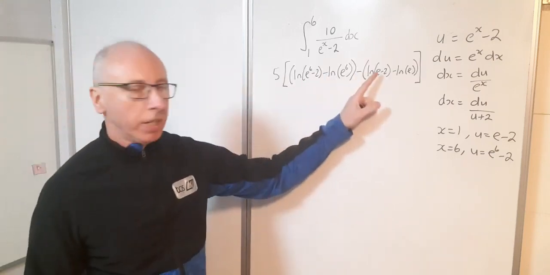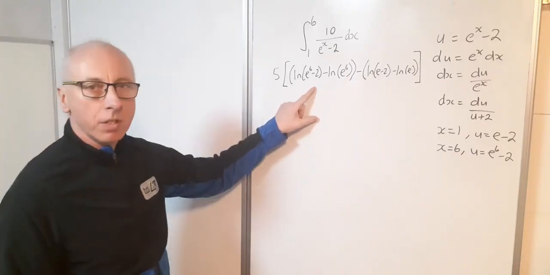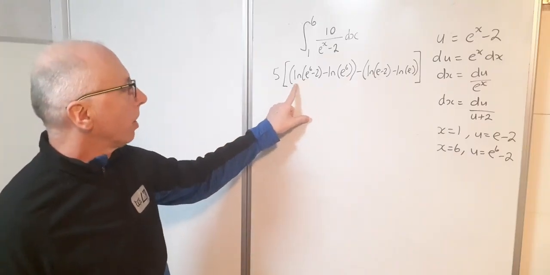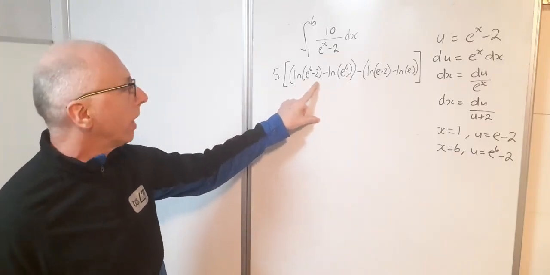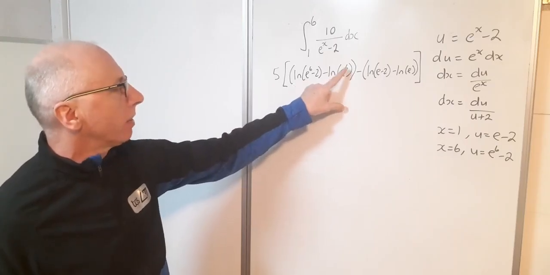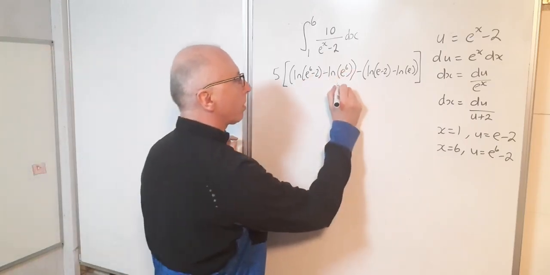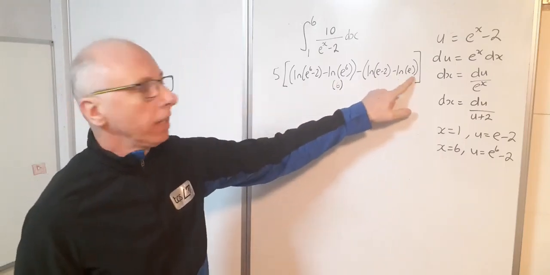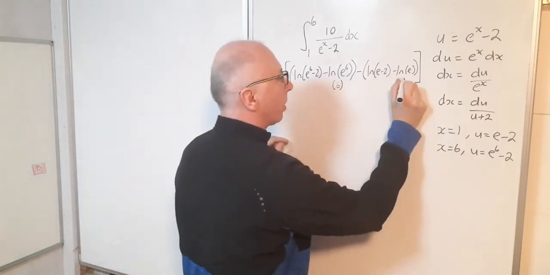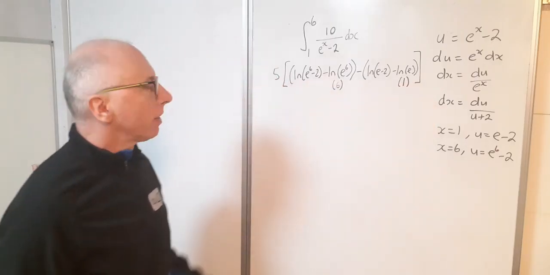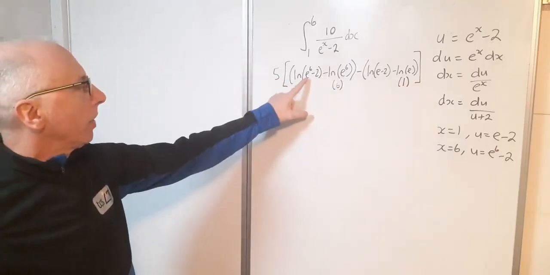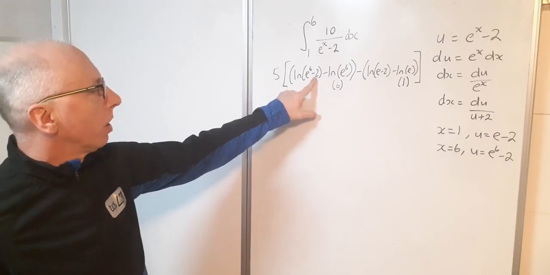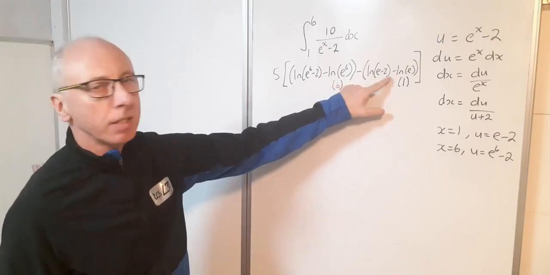Okay, so now I've got the integral here so far, so I need to do some simplifications. So that, I'm not going to touch that, minus ln e to the 6, so this just becomes a 6. Then I've got ln of e, well that just becomes a 1, so that takes care of that. And then I've got ln of e to the 6 minus 2 minus ln of e minus 2.